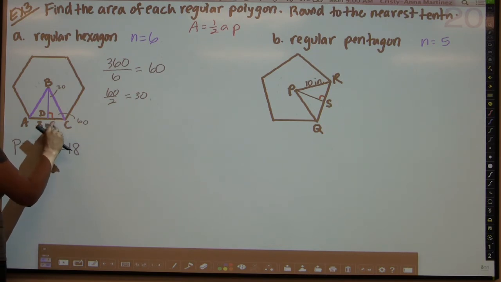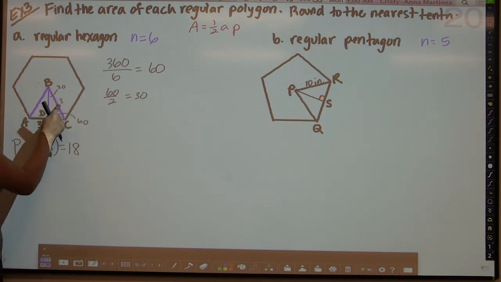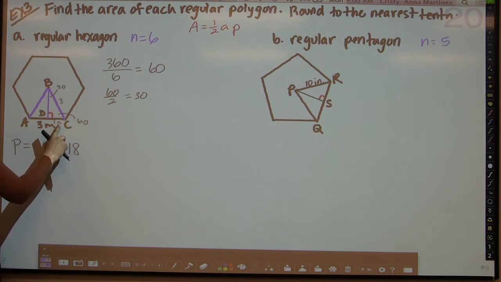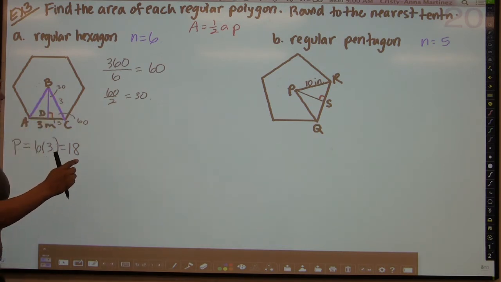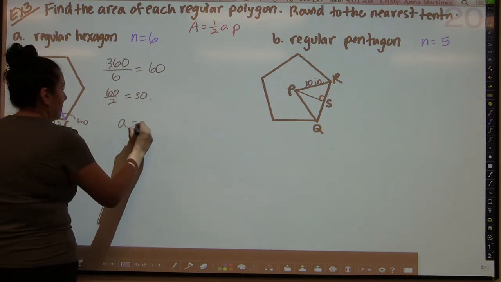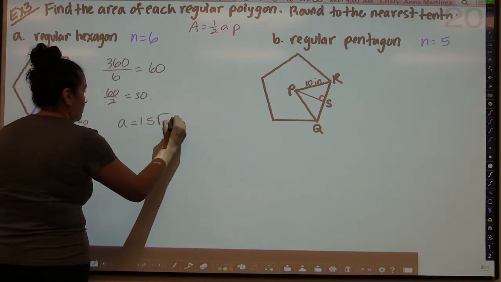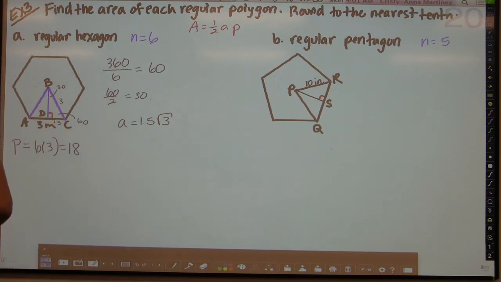So if this piece right here is 1.5, then it means that this guy is 3 because it's twice that. Remember, opposite 90, this is my 2S. Here's my S, and it means that the apothem is S root 3. In other words, the apothem is 1.5 root 3.